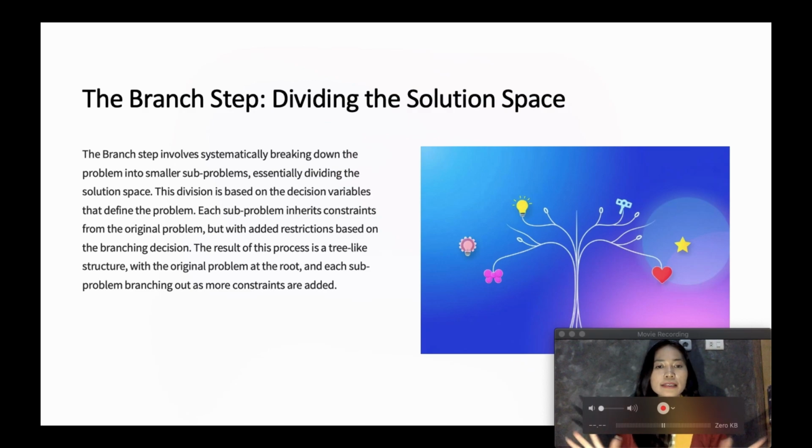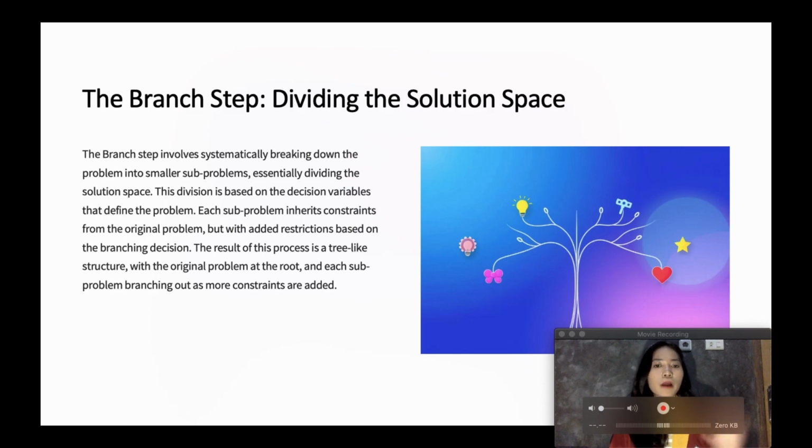The branch step, dividing the solution space. The branch step involves systematically breaking down the problem into smaller subproblems, essentially dividing the solution space. This division is based on the decision variables that define the problem.